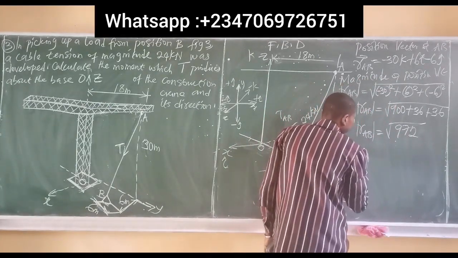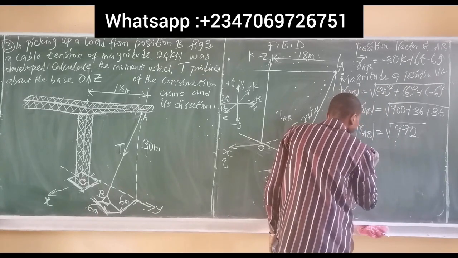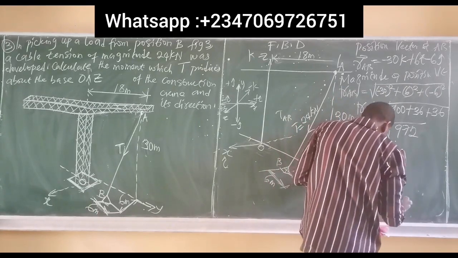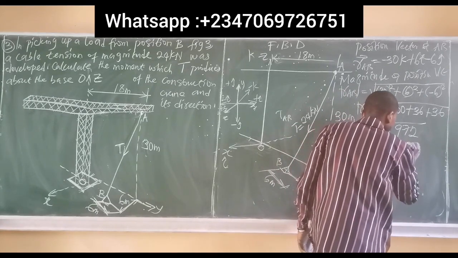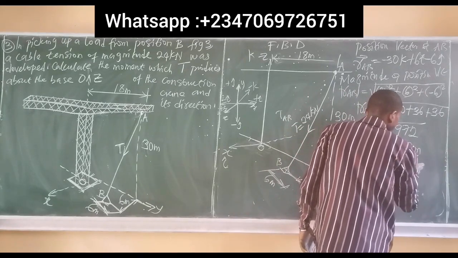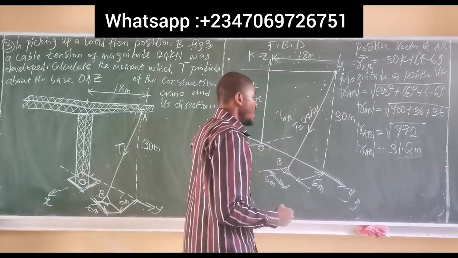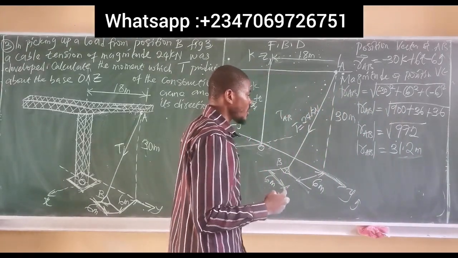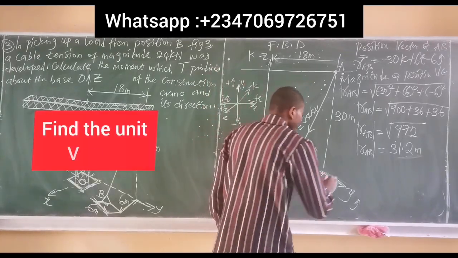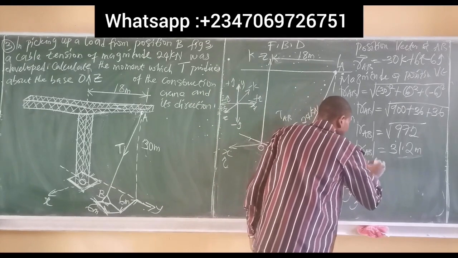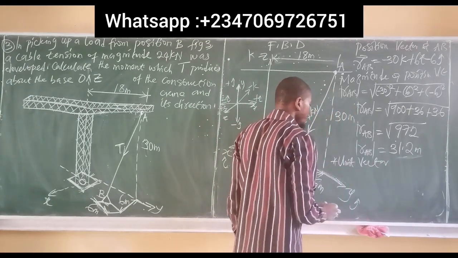So the square root of 972, RAB magnitude, simply gives us 31.2, approximately 31.2 meters. So this becomes the magnitude of the position vector. Now, after obtaining the magnitude of the position vector, the next thing to find is the unit vector. So we simply find the unit vector. All right. And how do you find unit vector?